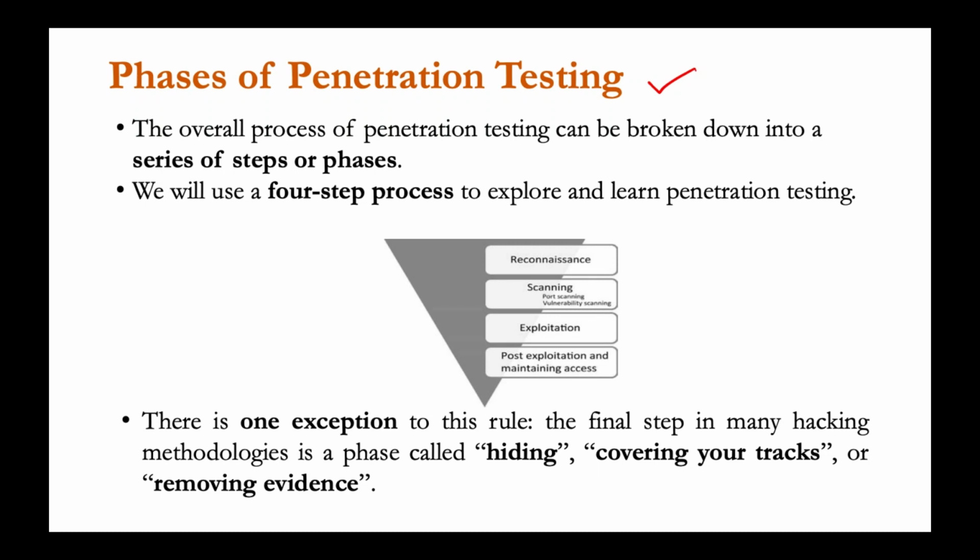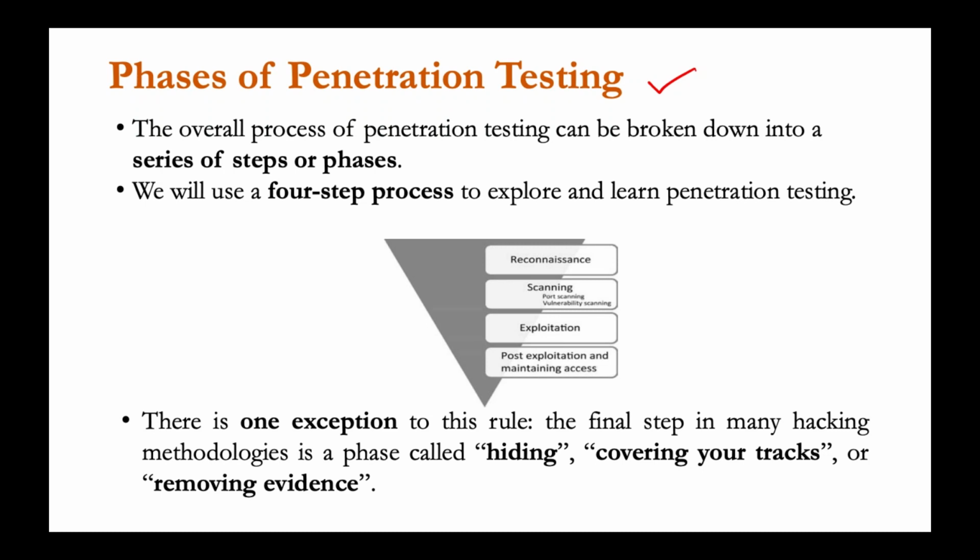Depending on the literature or the class you are taking, this methodology usually contains between 4 and 7 steps or phases, but we cover 4. Although the overall names and numbers of steps can vary between methodologies, the important thing is that the process provides a complete overview of the penetration testing process.